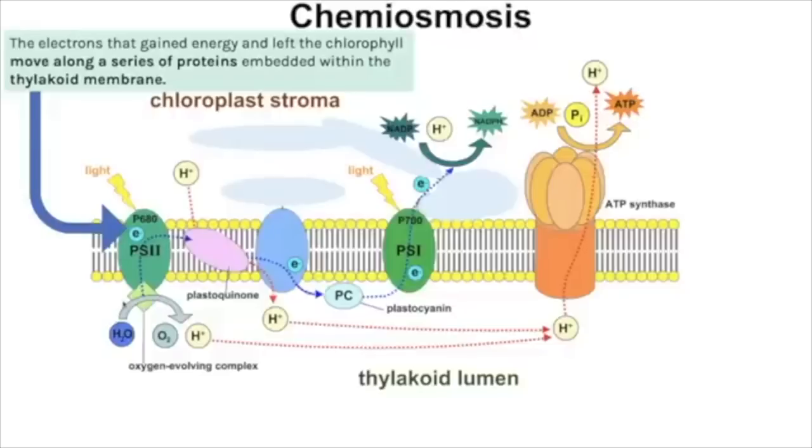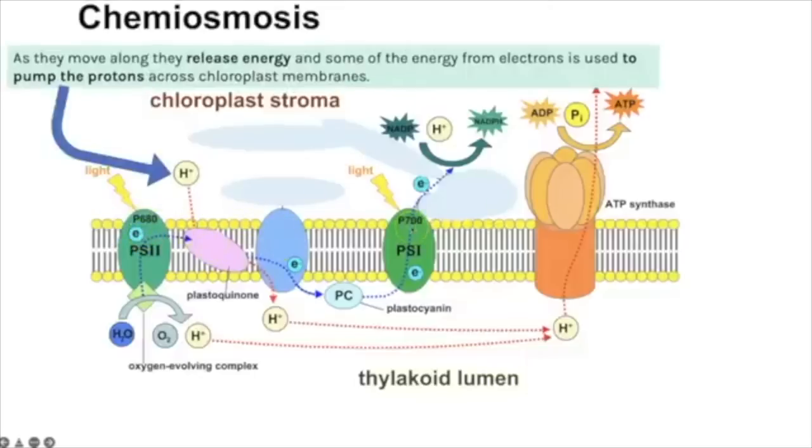So let's have a look at chemiosmosis then, because this then links it all together for the light-dependent reactions. So we've said that the electrons gain energy from the chlorophyll, and will be released from the chlorophyll. What happens is those electrons move along a series of proteins embedded within the thylakoid membrane. And as those electrons move along the proteins, they release energy.